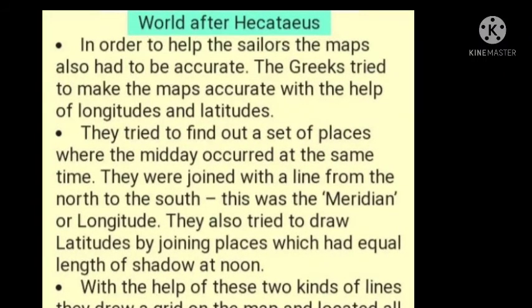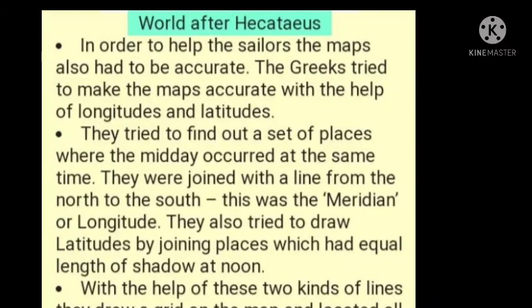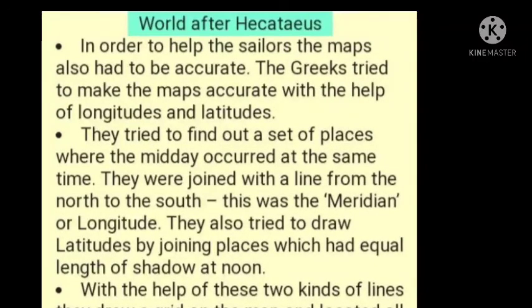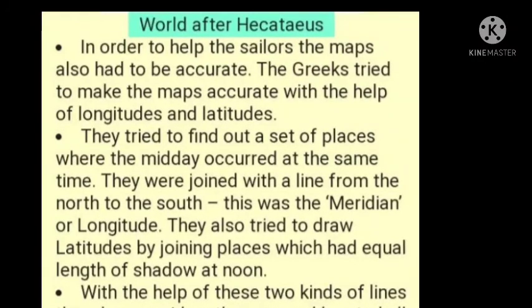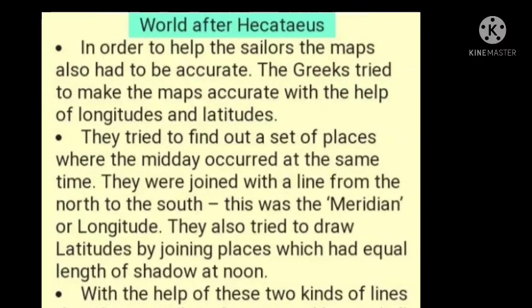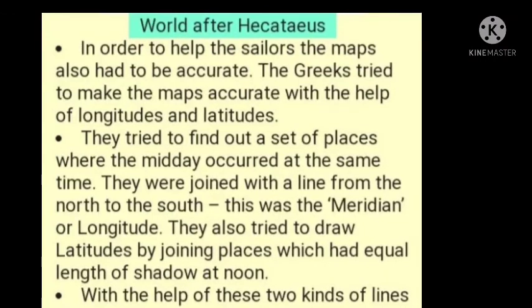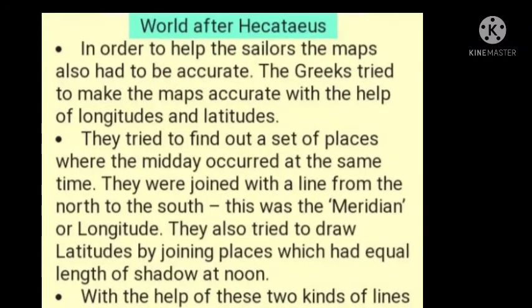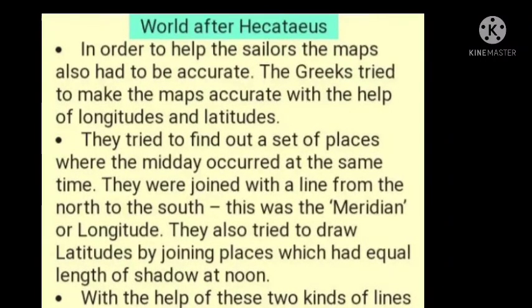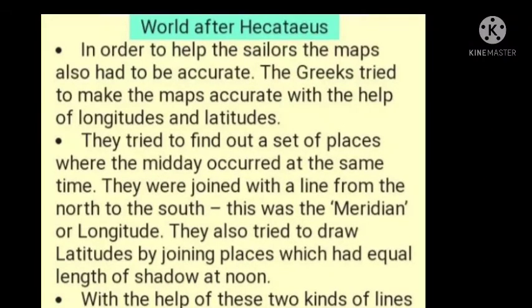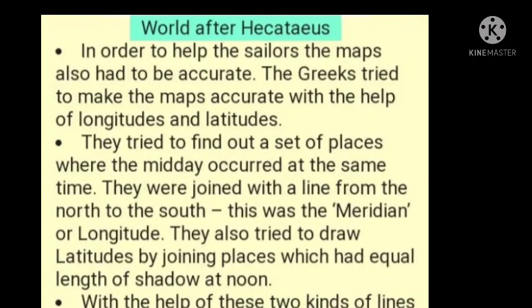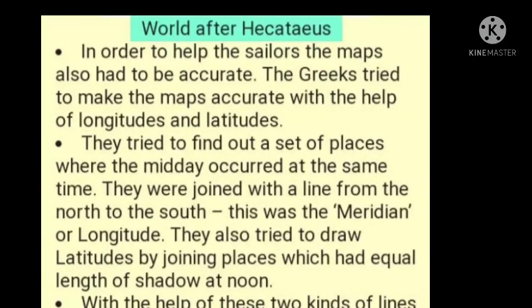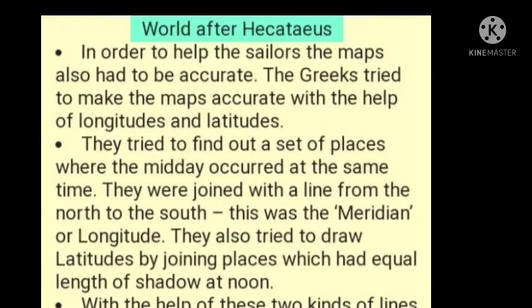They also tried to draw latitudes by joining places which had equal length of shadow at noon. With the help of these two kinds of lines, they drew a grid on the map and located all places from east to west and north to south along these lines.